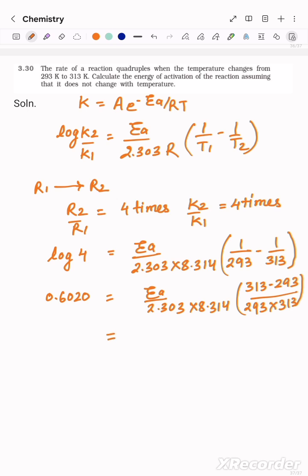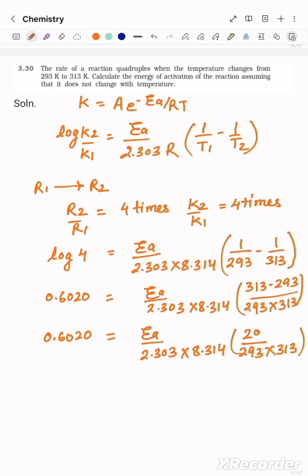So this will become 20 after subtracting. EA upon 2.303 by 8.314 times 20 by 293 by 313 is equal to 0.6020.